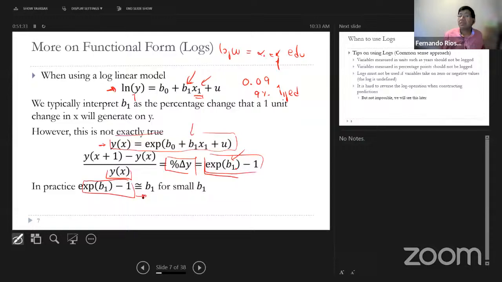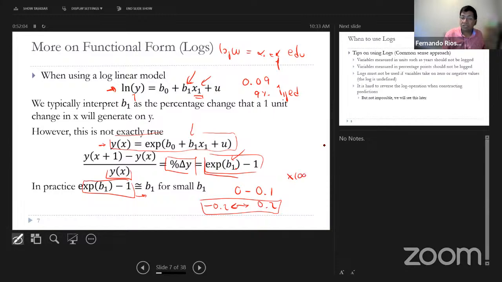So what does this mean in practical terms? If your coefficient is between 0 and 0.1, perhaps 0.2, and I'm considering both the positives and the negatives, you can simply interpret this in a log linear model by just multiplying it by 100.